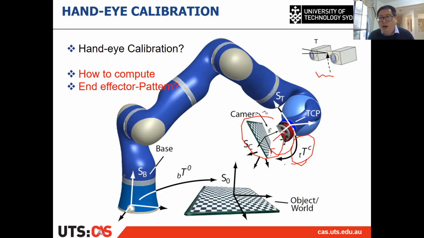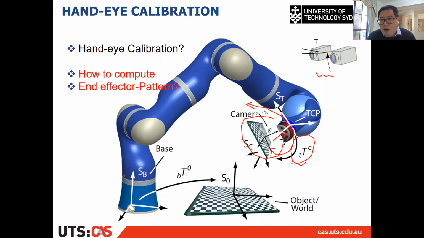And how can we do that? It is similar. From the robot, you can directly get the pose of the end effector, right? So if you move the end effector, you can get the relative pose between the end effector poses directly from the robot forward kinematics.